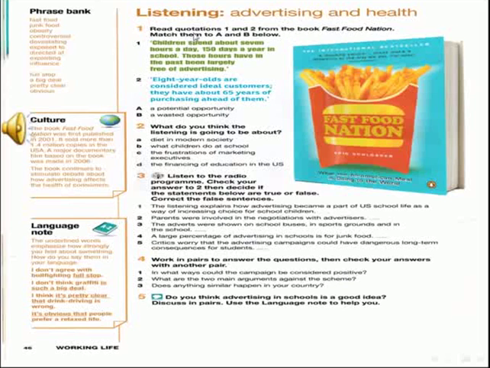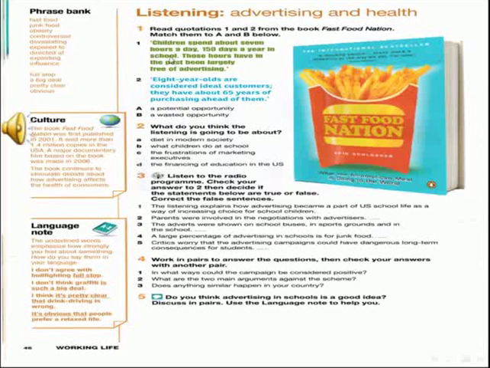1. Read quotations 1 and 2. Here, this 1 and 2. From the book, this book, Fast Food Nation. Match them to A and B below. You read and you choose a title for each one of these two. Title A, a potential opportunity, or title B, a wasted opportunity. Let's read. 1.